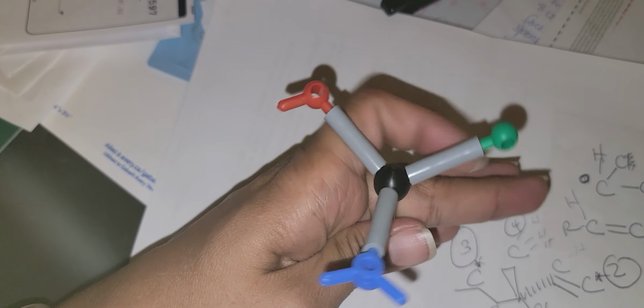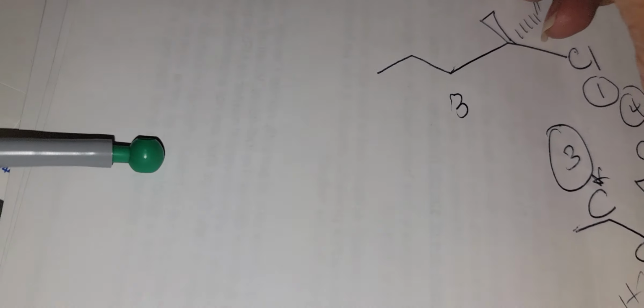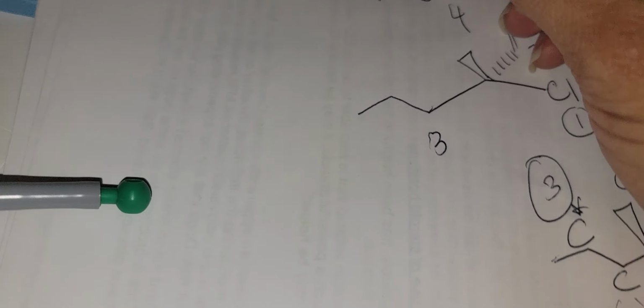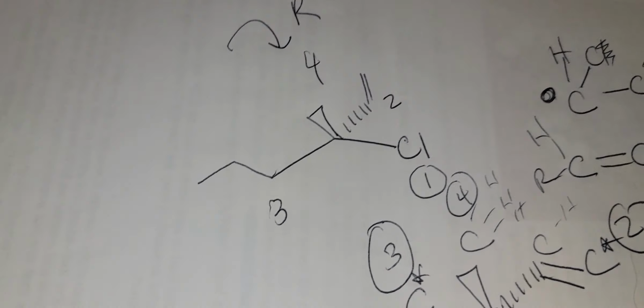So I'm going to grab that methyl, rotate it to make my little bouquet, and go red, green, blue, and I see it goes clockwise, red, green, blue, and so that is an R. So use that for the rest of your assignments, for the question and to help you with other assignments.